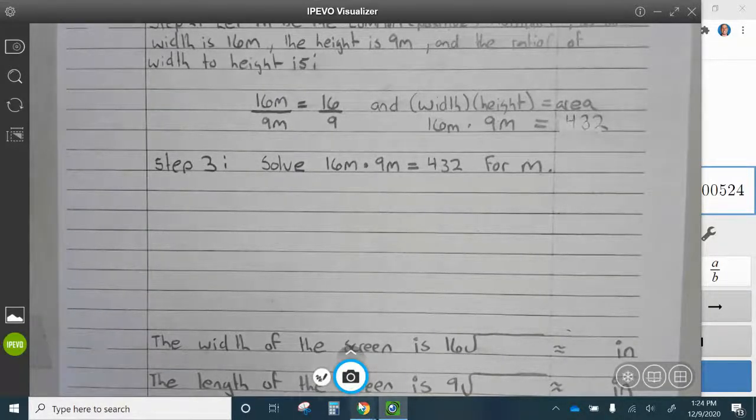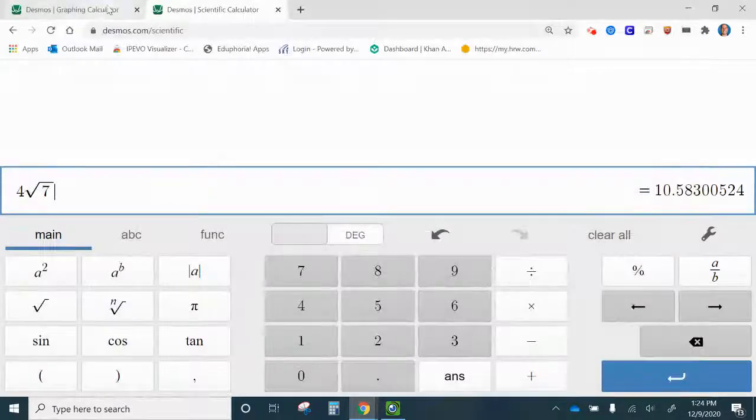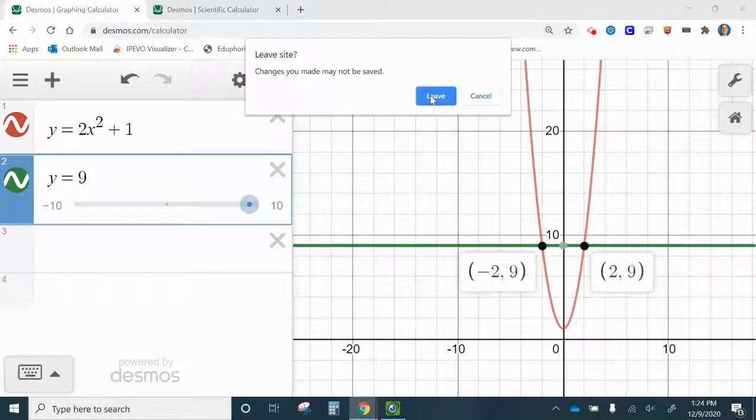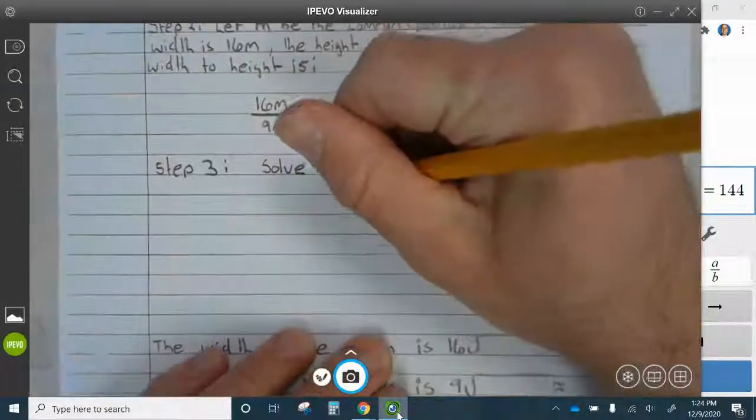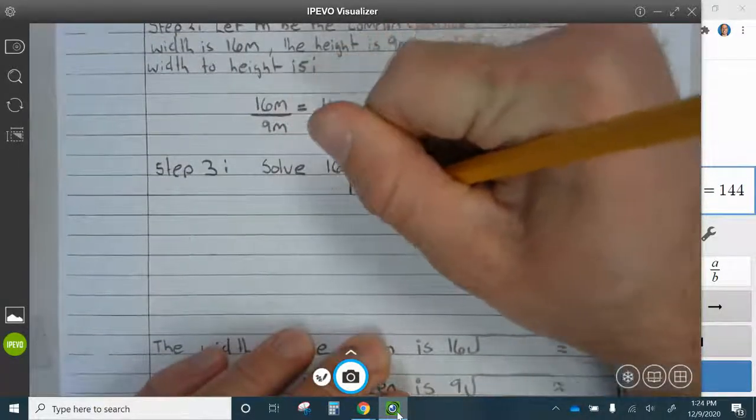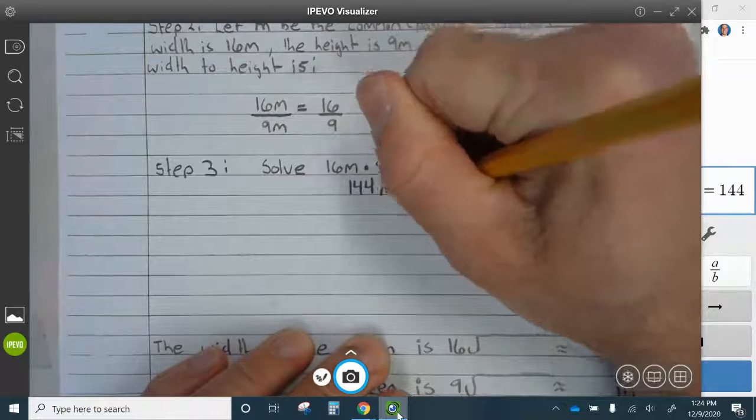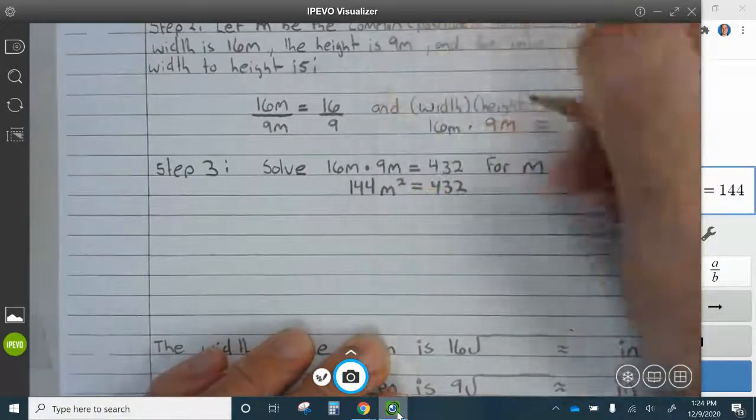Step 3, we're going to solve 16m times 9m equals 432 for m. So let's first multiply 16 times 9, which is 144. So 144, m times m is m squared equals 432.